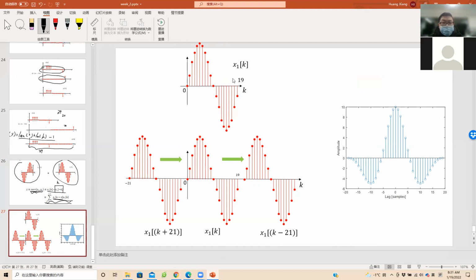If we want to compute the autocorrelation of x1 of k, we firstly generate the signal x1 of k minus n. If n equals 0, it's x1 of k, so it's the same signal like this.